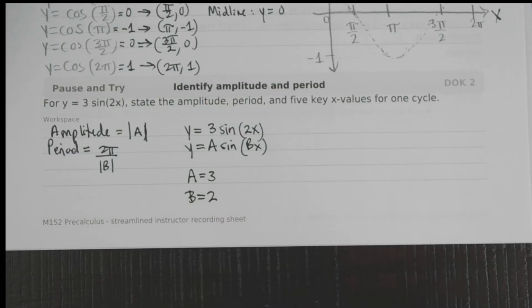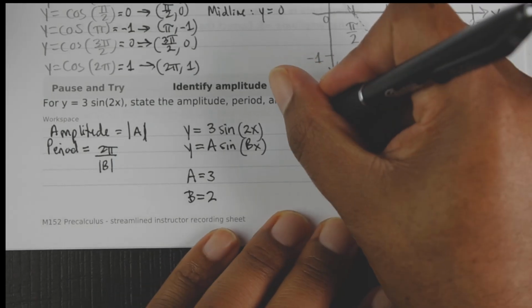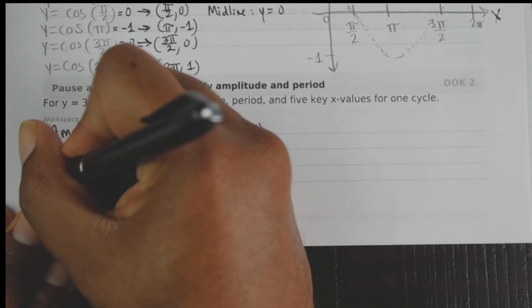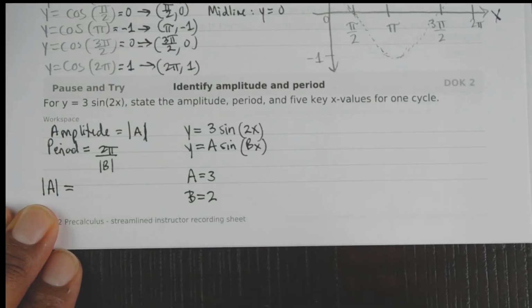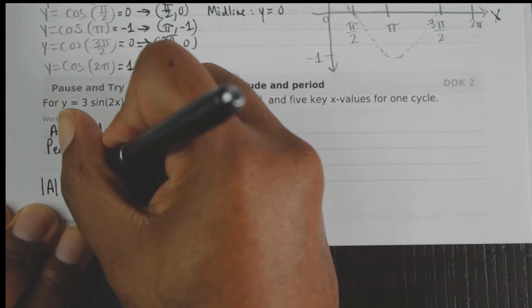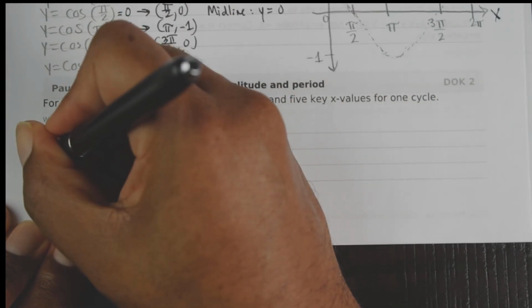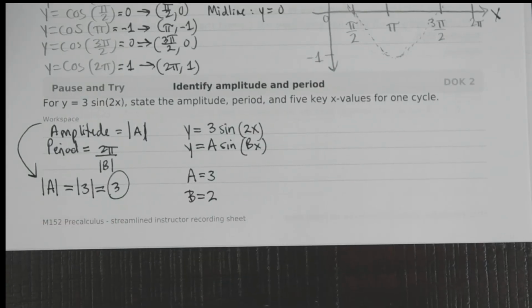So the amplitude is the absolute value of a, right? So the absolute value of 3, which is 3. So this is the amplitude.